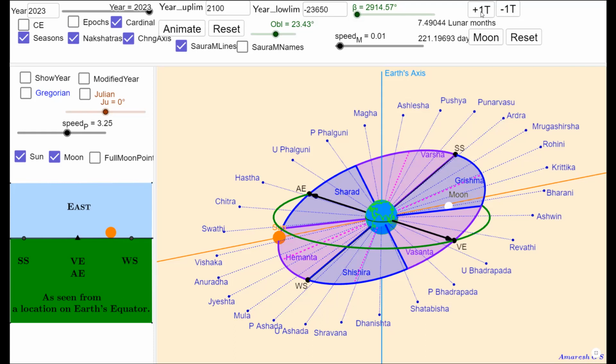I'm just taking this opportunity to tell you why a correct, accurate, precise, deeper understanding of astronomy is required if we want to understand not just Mahabharata, not just Ramayana, but all our ancient Indian narratives, all ancient Indian texts.